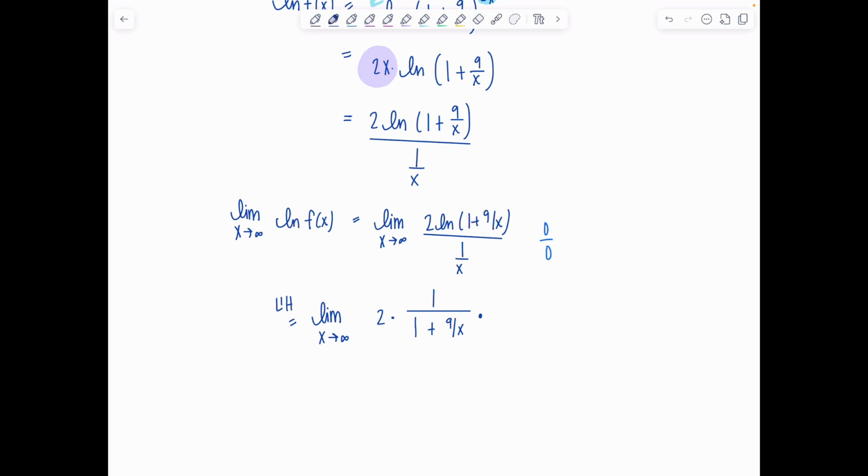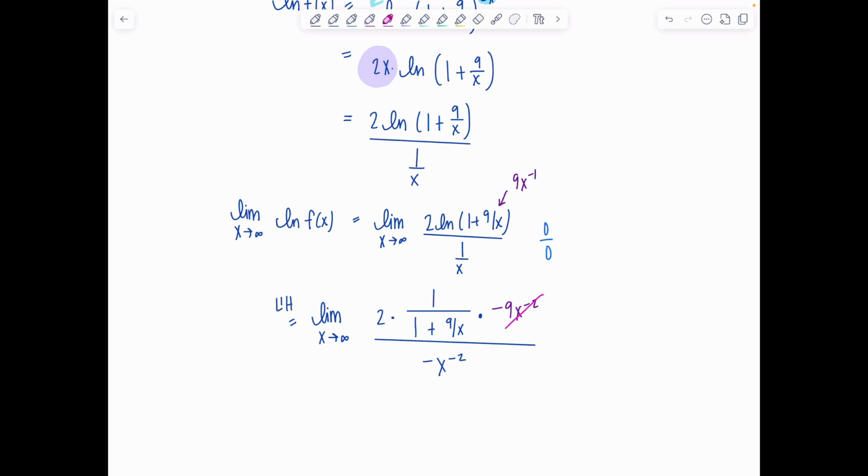So derivative of 1 is 0. And then don't forget, this is 9x to the negative first. So that derivative is going to be negative 9x to the negative second. Done. Over derivative of 1 over x, that's the same as x to the negative first. So it's going to be negative x to the negative second. Are we good?